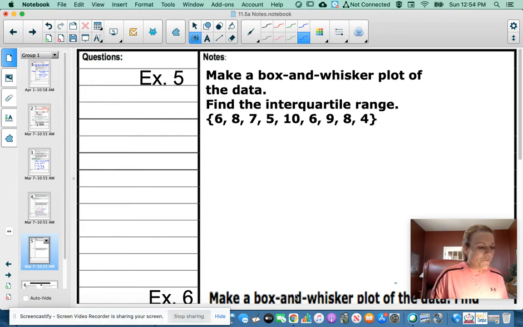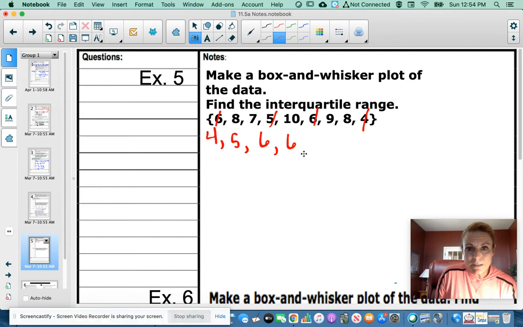Let's do example 5. We are going to make a box and whisker plot of the data. First thing we should do is put the numbers in order from smallest to largest for sure. 4. There's a 5. There's a 6. There's another 6.